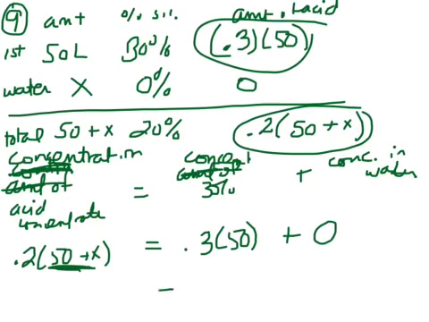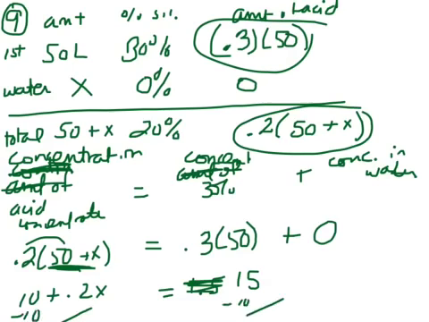So let's simplify the right-hand side first. 0.3 times 50, wouldn't that be 15? Oh, 15, you're right. And then here, 0.2 times 50 is 10, plus 0.2x, okay? So I could subtract 10 from both sides, and I would have 0.2x is equal to 5.